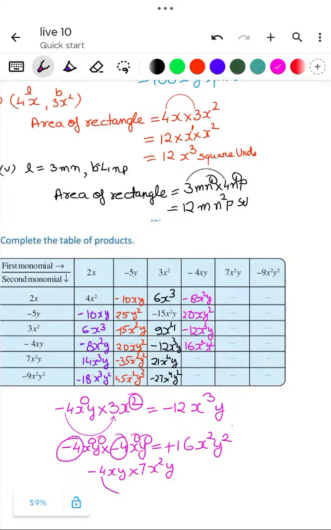Negative 4 into 7 is negative 28. Here x to the power 1 plus 2 is 3. y to the power 1 plus 1 is 2. So this is negative 28x cube y square.